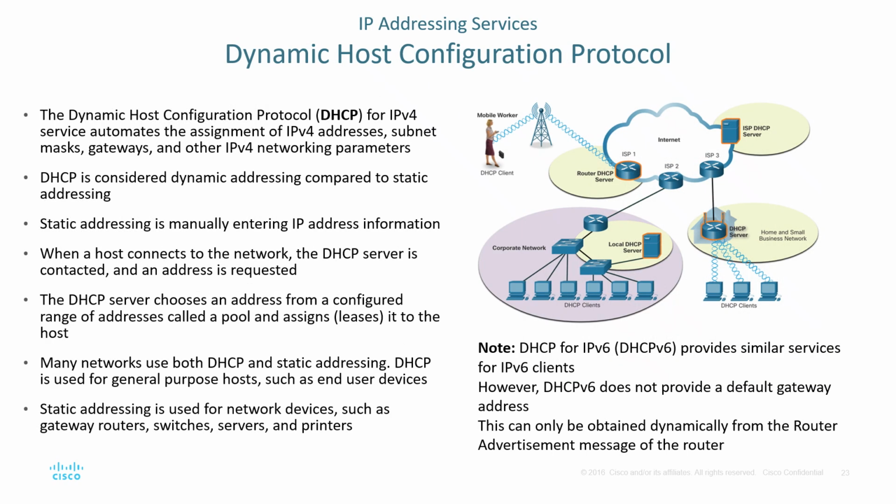Now, dynamic host configuration protocol. DHCP for IPv4 service automates the assignment of IPv4 addresses, subnet masks, gateways, and other IPv4 networking parameters. It is considered dynamic addressing compared to static addressing.